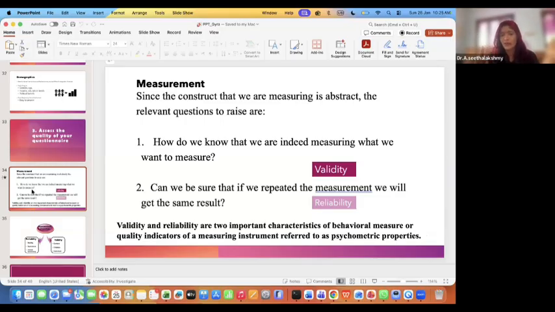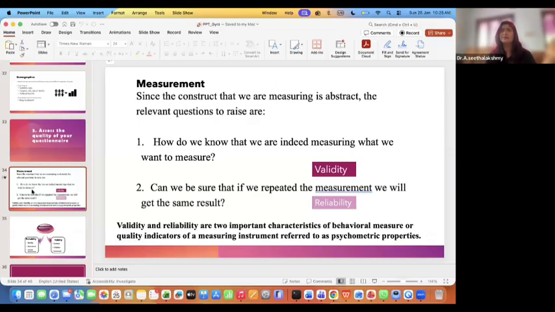Second point: I told you previously, when you have a weighing scale and you weigh 70 kg today, and tomorrow on the same instrument, the same you, it shows even 72 kg, you are confused. You think this instrument is wrong. Your questionnaire is the same.